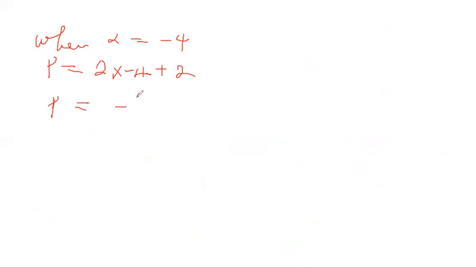Then when alpha is negative 4, our p would be 2 times negative 4 plus 2. Then negative 8 plus 2, our answer will be negative 6. p would be negative 6.